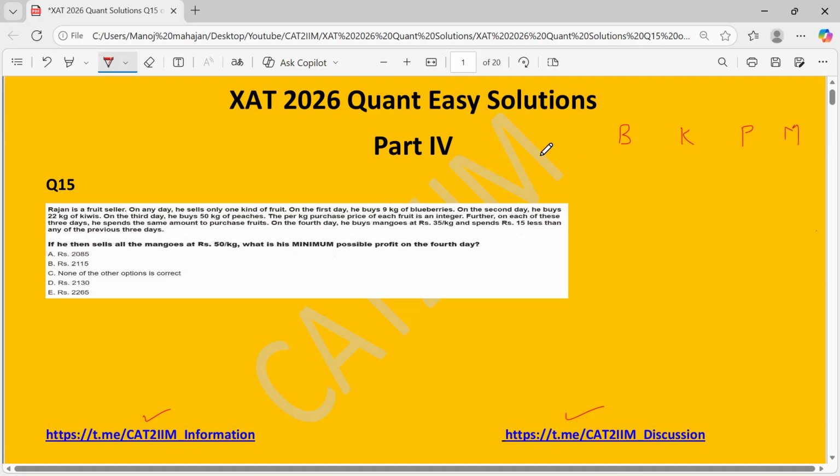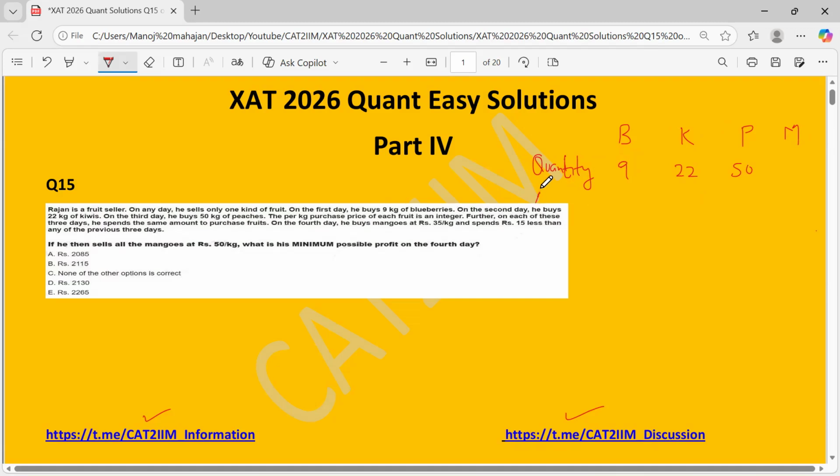So let me put it over here like this. Quantity, which is given to us for the blueberry, on the first day he buys 9. This is 22. This is 50. So we do not have the mango quantity if you read the problem out here.